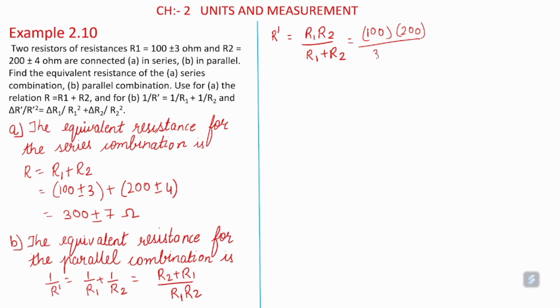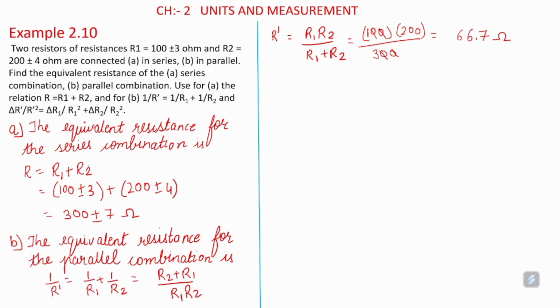That would be equal to 300. 200 plus 100 would be 300. 0 0 cancelled. So 200 upon 3. When we solve 200 upon 3, we will get 66.7 ohms, right?